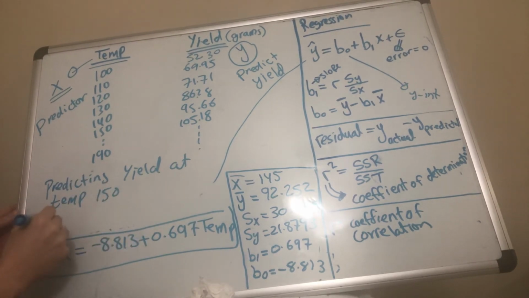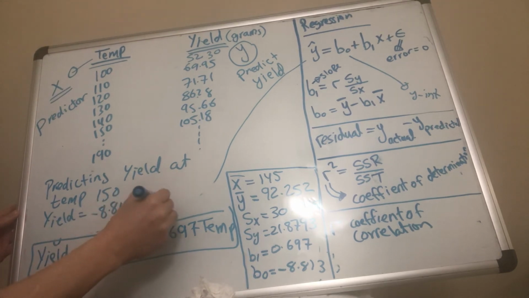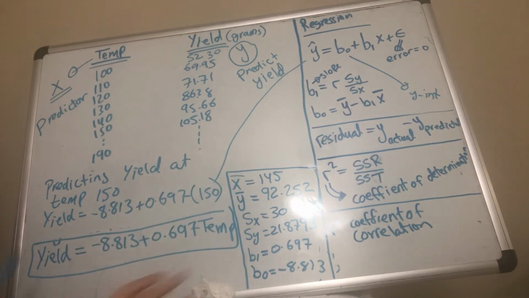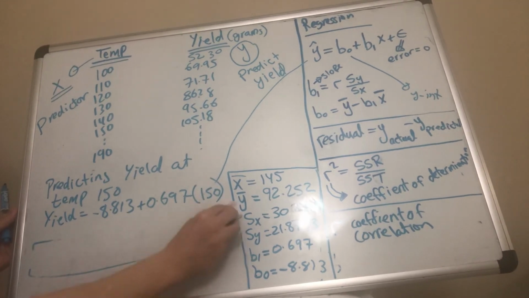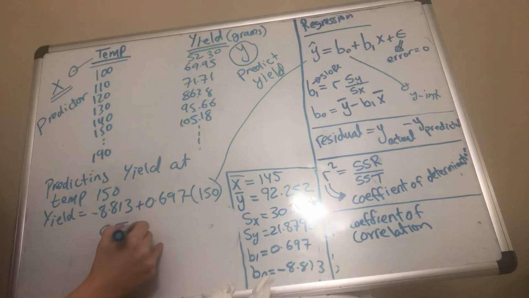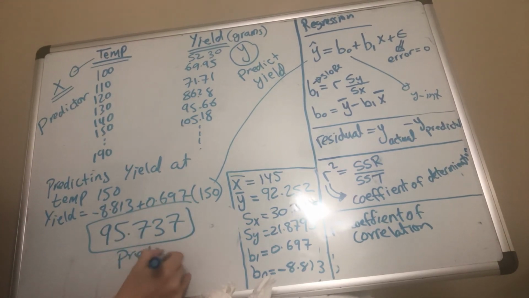So I need just to plug it into my formula. So minus 8813, plus 697 times 150, and that would tell me the predicted yield at this number. It would work out to 95737. This is your predicted value.